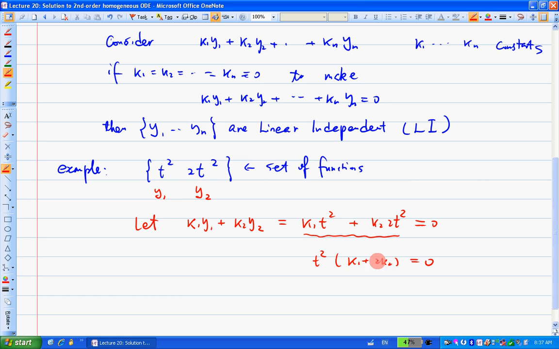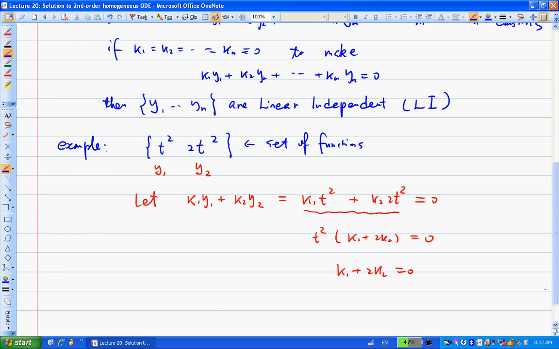So forget about the t squared and just look at this bracket. If I want to make this expression 0, that means k1 plus 2k2 needs to be 0, meaning k1 equals negative 2k2. That's it. So how many options do I have for k1 and k2 to make this expression 0?